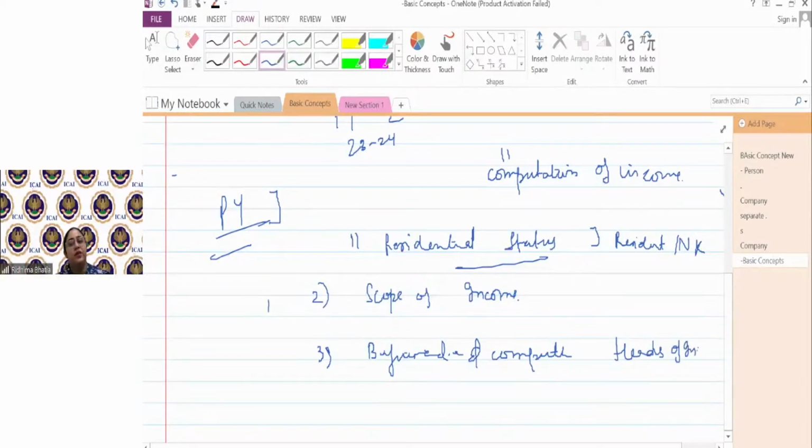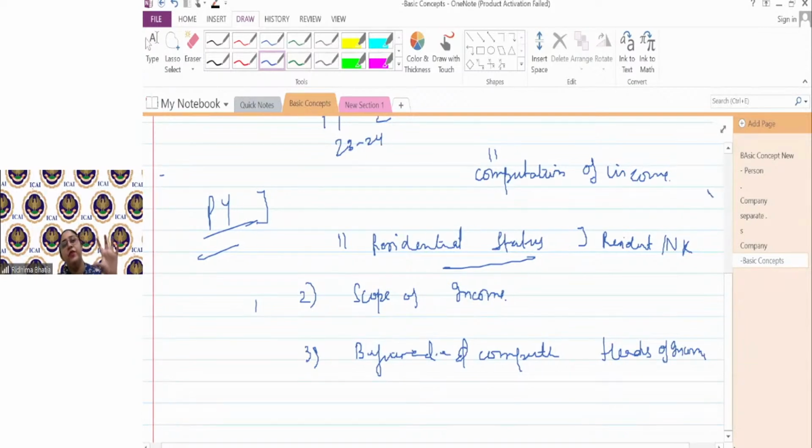Now, what are heads of income, ma'am? Heads of income, guys, are five different classifications of income, which are standard for all. That classification is: salaries, income from house property, income from business or profession, profits and gains of business or profession, income from capital gain, and income from other sources.